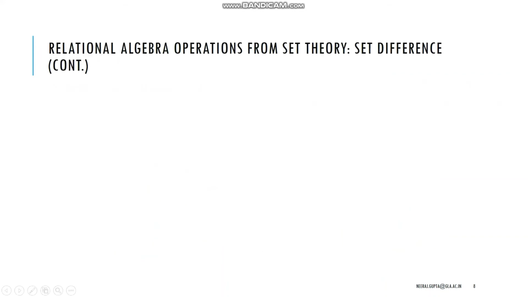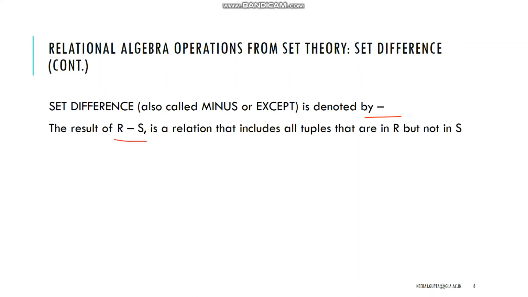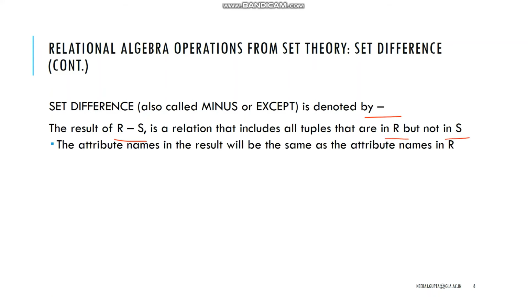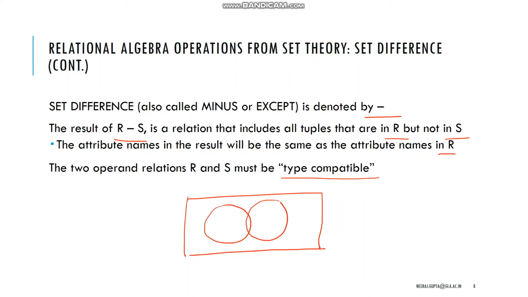Okay. Next we have the set difference. Set difference is denoted by the minus sign. R minus S is a relation that includes all the tuples that are in R but not in S. The attributes in the result will be the same as the attribute names in R, and they must be type compatible. See the Venn diagram of R set difference S. This is R, this is S. We can say that the only portion which is of R is R minus S. Clear?